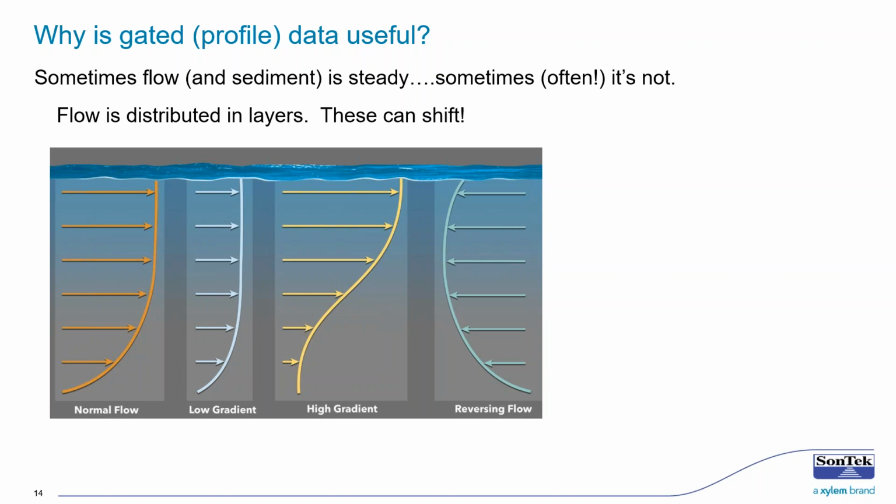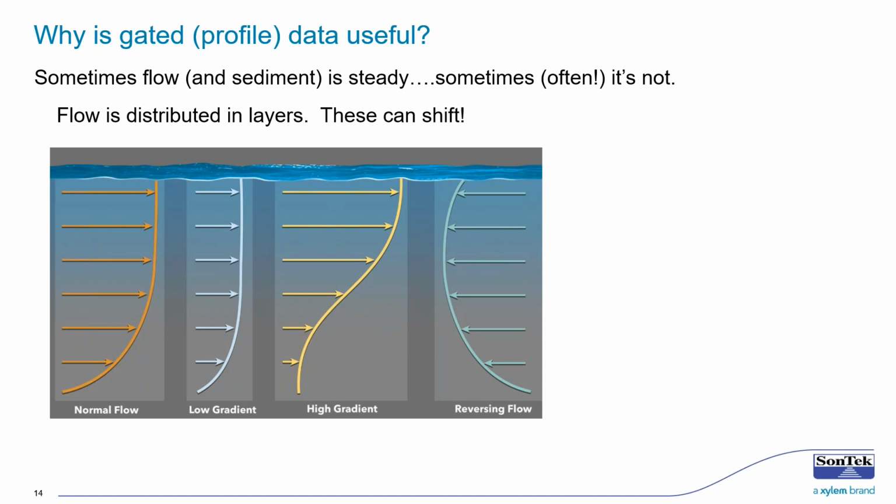As you move up in the water column, velocities tend to increase, towards the maximum near the surface. That's an ideal flow condition, and that's typically what's programmed into theoretical flow calculation. That can work if nothing is changing at your site and it's an ideal site.